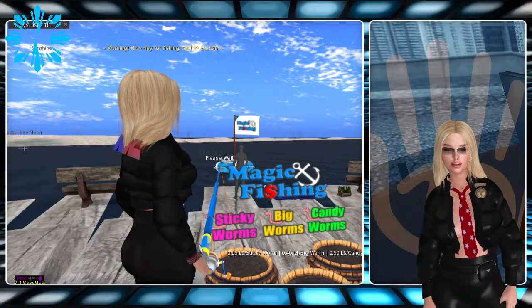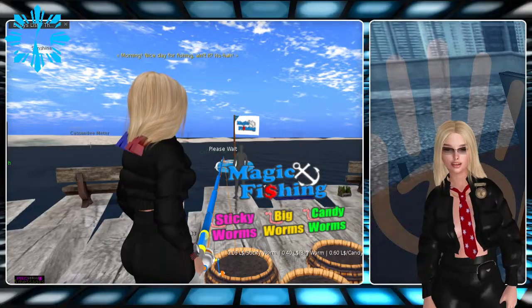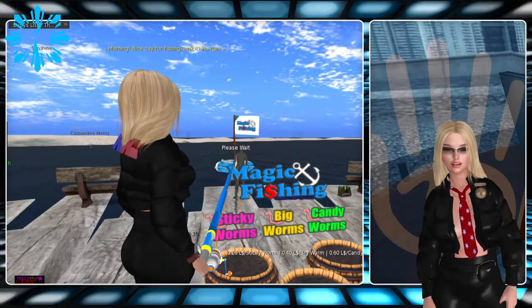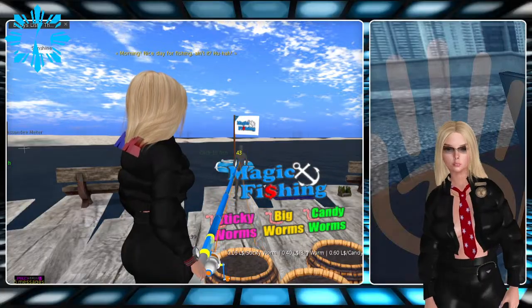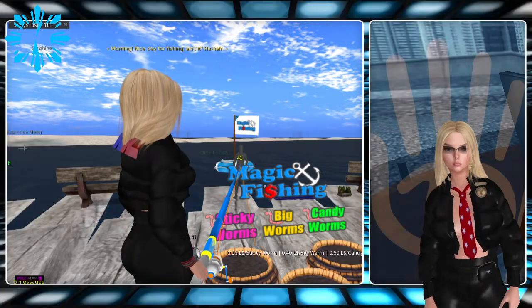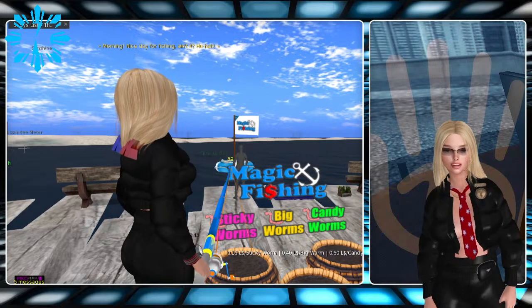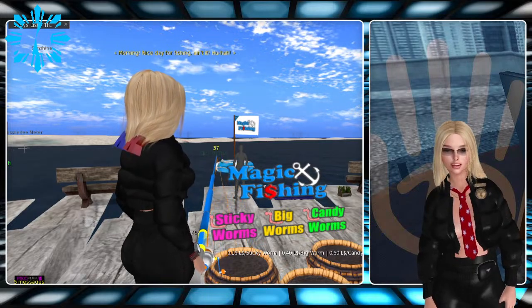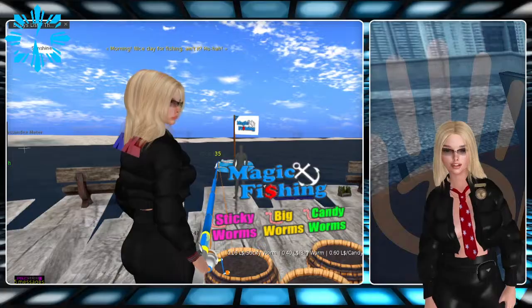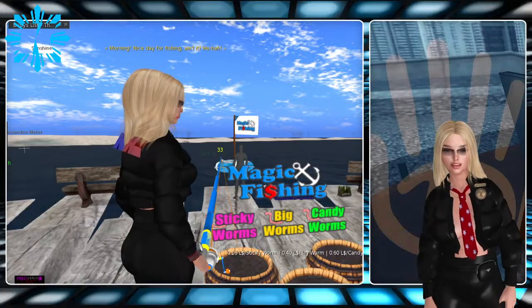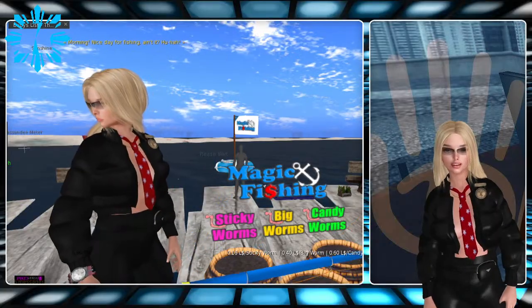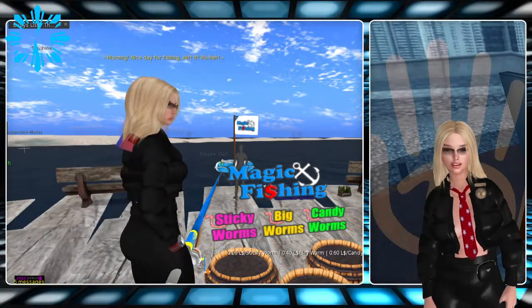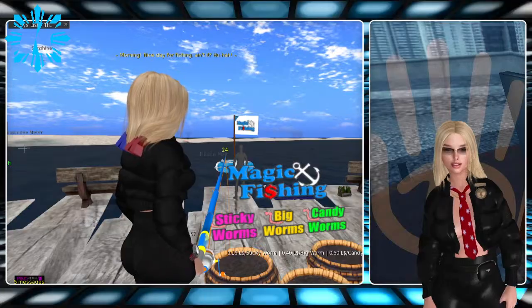I remember before there were talks like Second Life is the 3D version of the internet, but how can it be the 3D version of the internet when if there are 10 to 20 people at one location, everything goes to hell? It becomes laggy as hell. How can that be the 3D version of the internet?